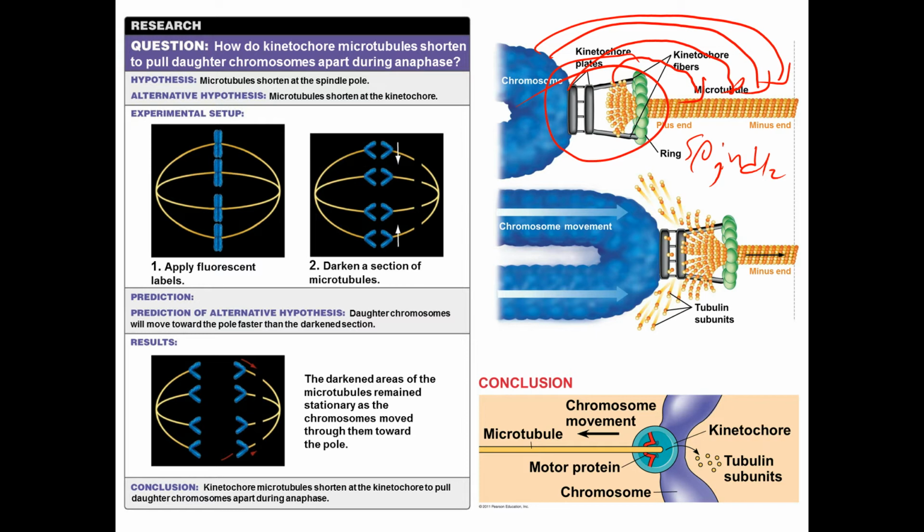Your little tubulin subunits that make up your microtubules are popping off. So in this case, your microtubules are in effect shortening. They're decreasing in length. As this motor protein walks the chromosome along, the microtubules themselves are shrinking in length.